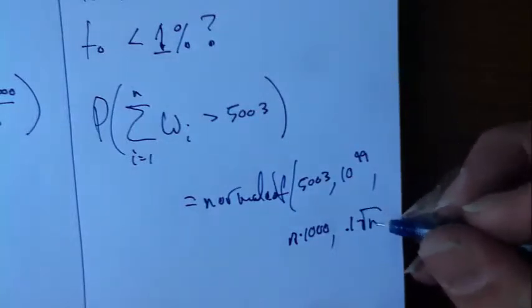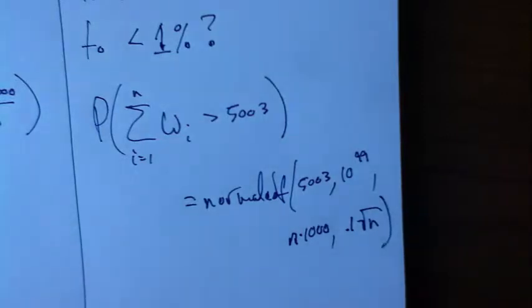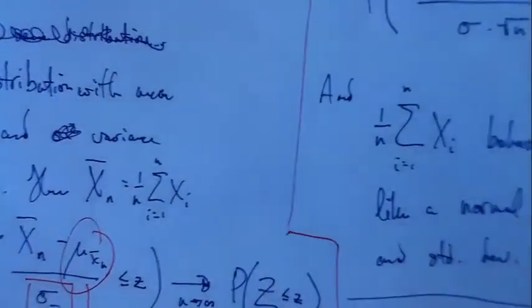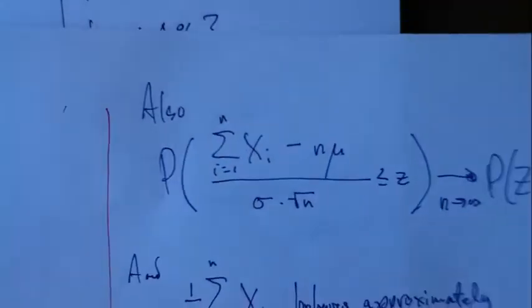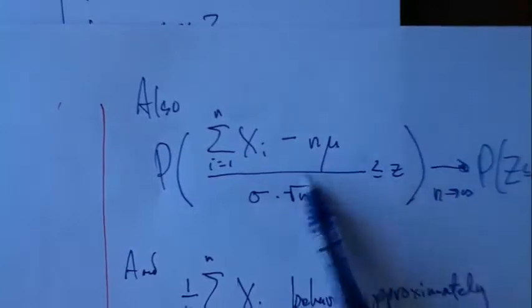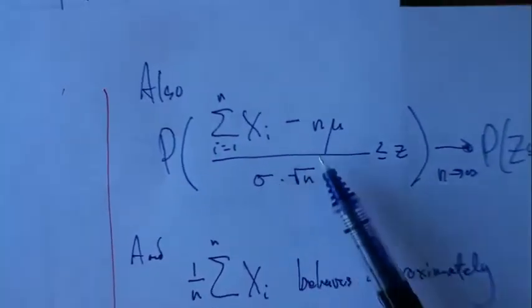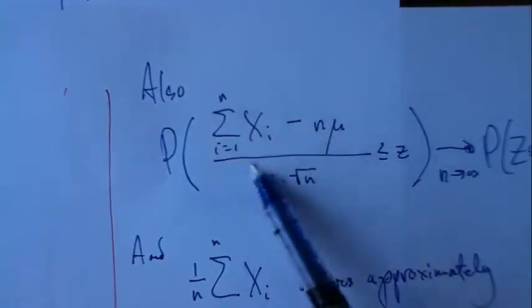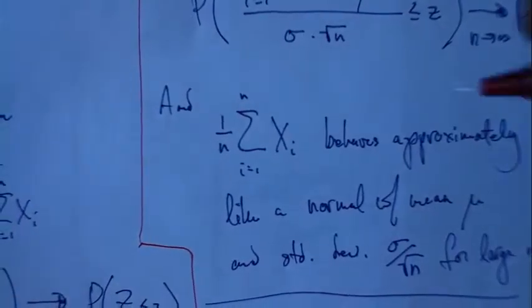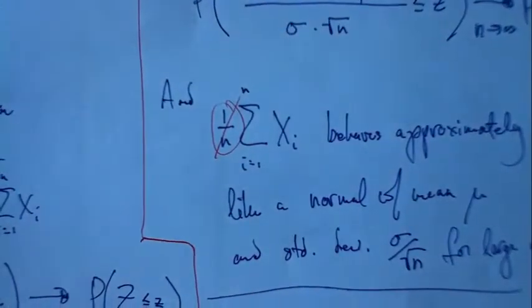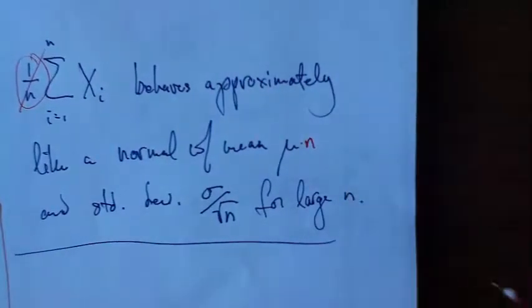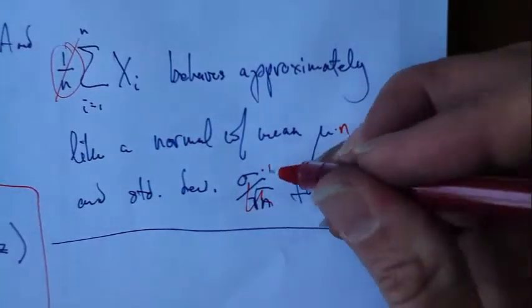Right now I'm thinking about this interpretation of the central limit theorem: this sum behaves approximately like a normal with mean mu times n and standard deviation sigma times root n.